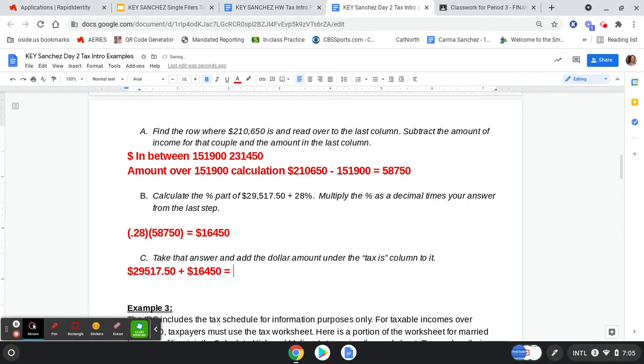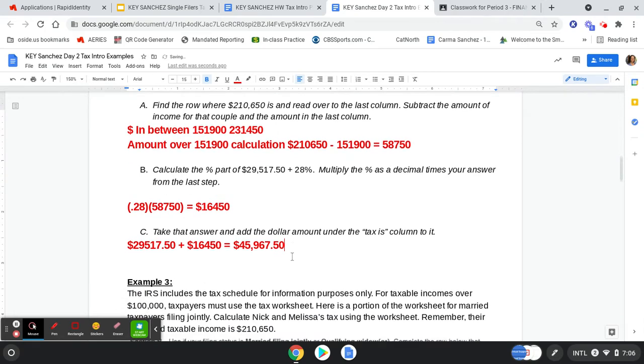Take a minute and do that on your calculator. Again, 29,517.50 plus the 28% number that we got earlier. See what you get. I'm getting 45,967.50. Is that what you got?